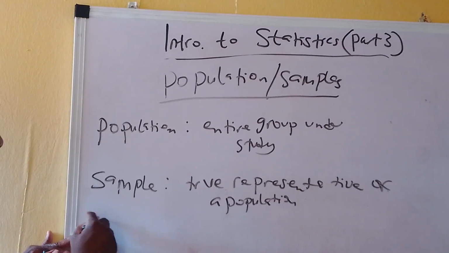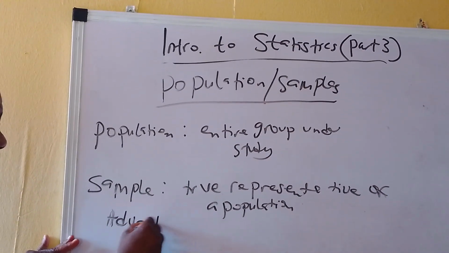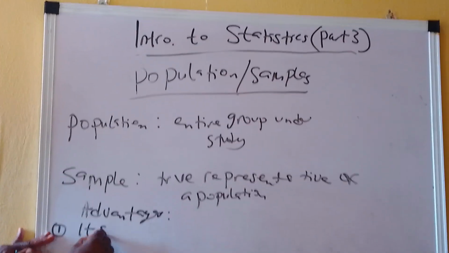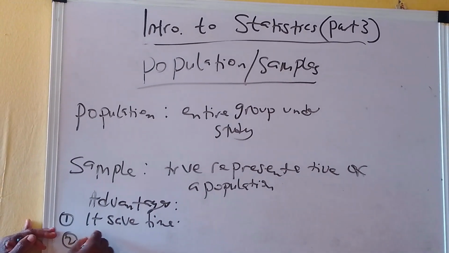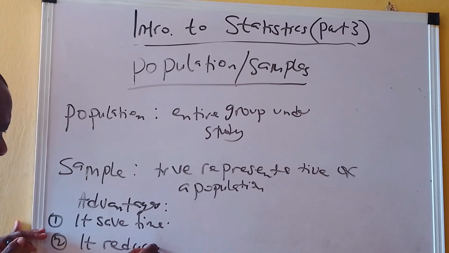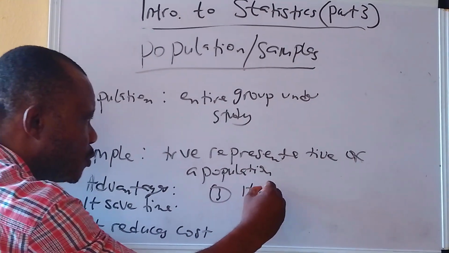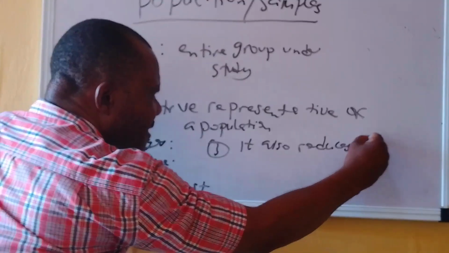So there are advantages of taking samples over the population. Number one, it saves time. Number two, it reduces cost. Number three, it also reduces fatigue.